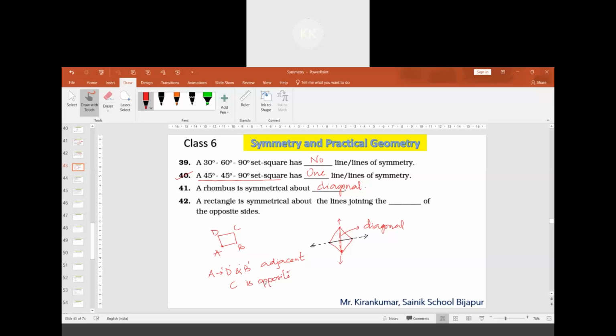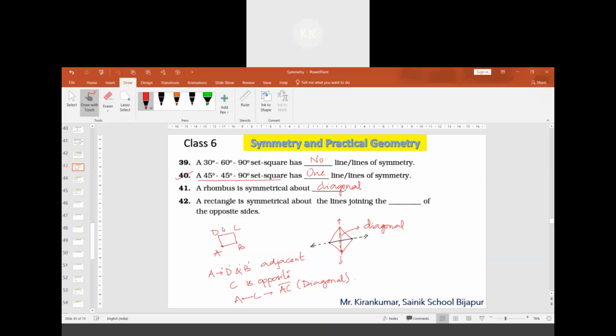So when I join A and C together, I get a line segment AC. This line segment is called a diagonal. So the definition of a diagonal is a line segment joining the opposite vertices of any polygon. For the rhombus, the diagonal will be the line of symmetry. Understood?